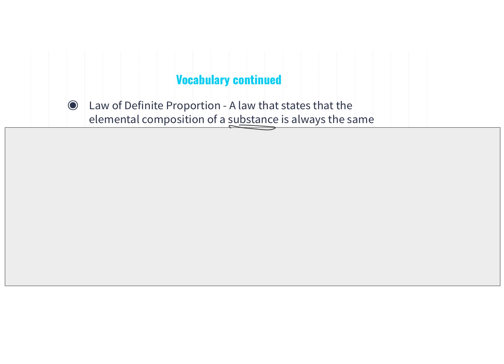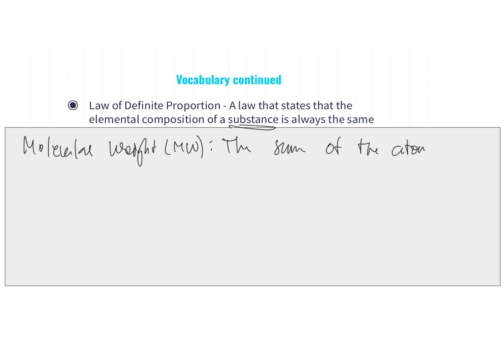A few other important terms that you're going to hear are molecular weight, sometimes abbreviated as MW. This is the sum of the atomic weights for the atoms in a molecule.